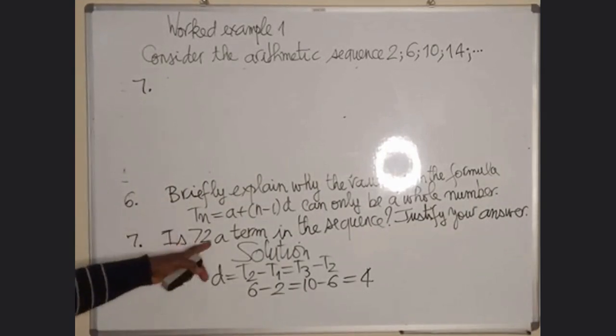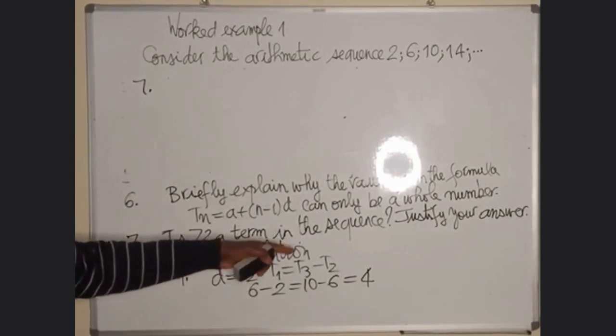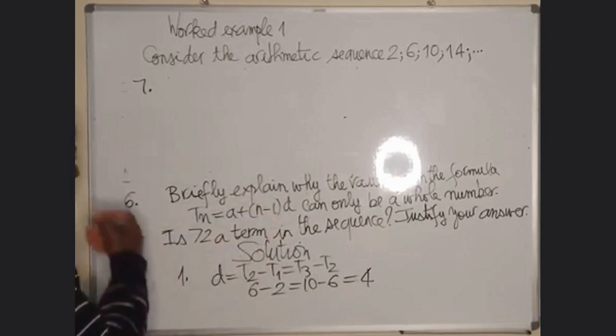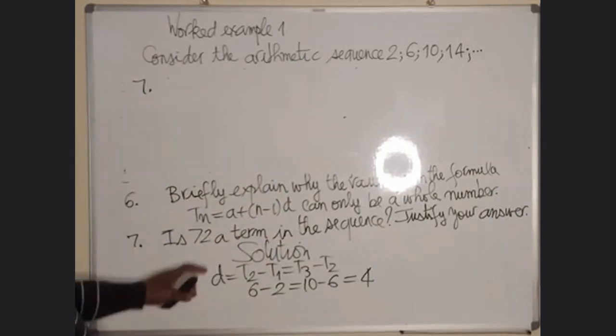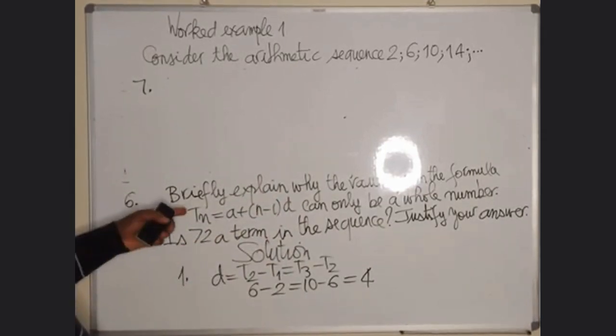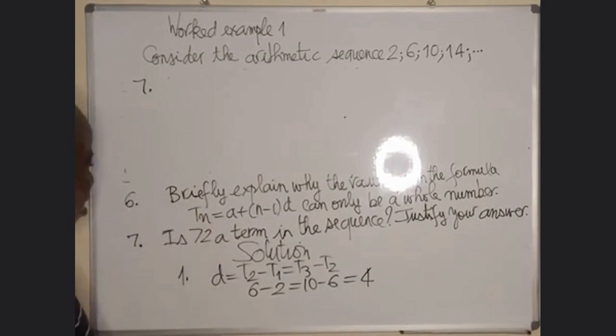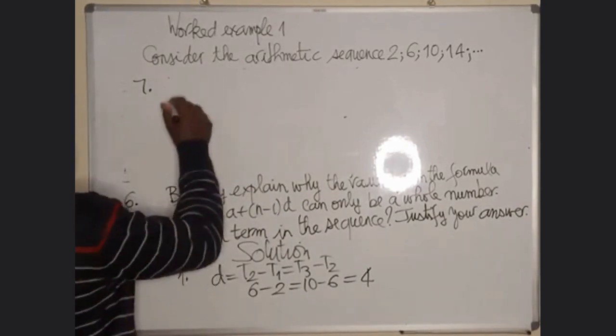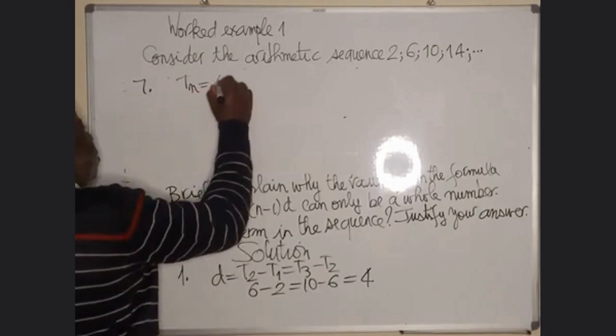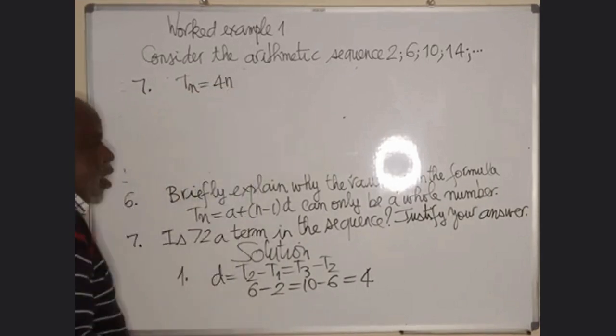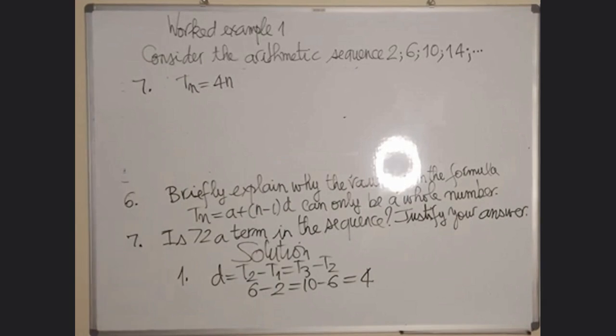Is 72 a term in the sequence? Justify your answer. So we're going to find out if 72 is a term in the sequence. Remember, we found that the general term Tn was 4n minus 2.